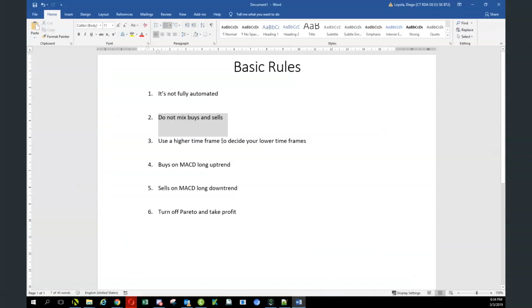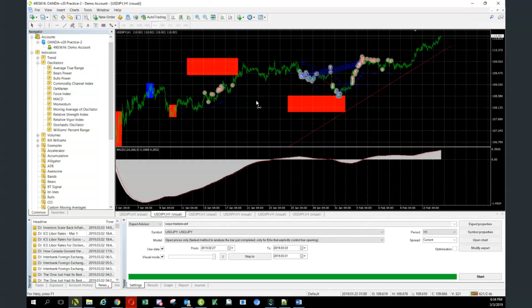Next rule: use a higher time frame to decide on your lower time frames. What does this mean? Take a look at this. We have here the H1, the hourly time frame.